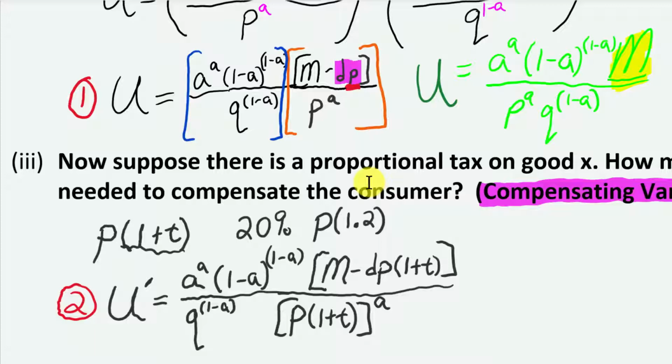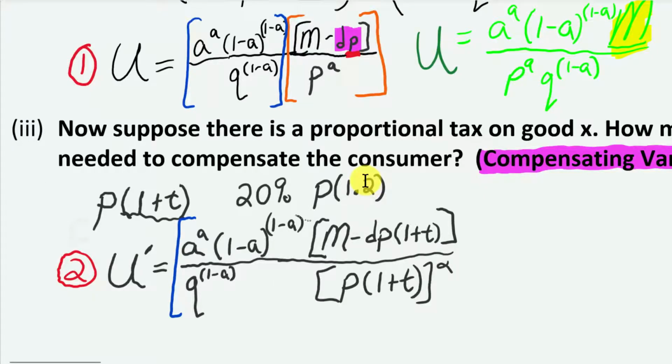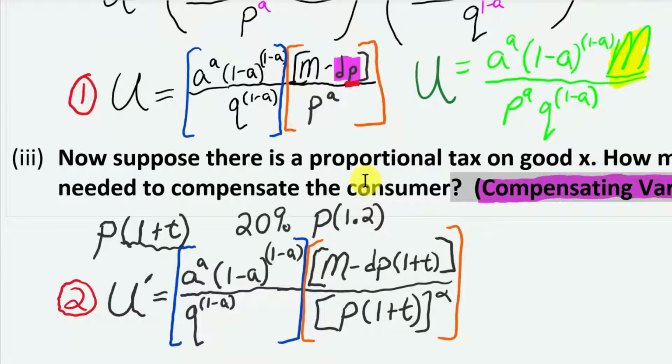When we look at the same adjusted equation with the tax rate, we have this blue on the left and the orange on the right. So this helps us isolate exactly what changes are being made to the utility.